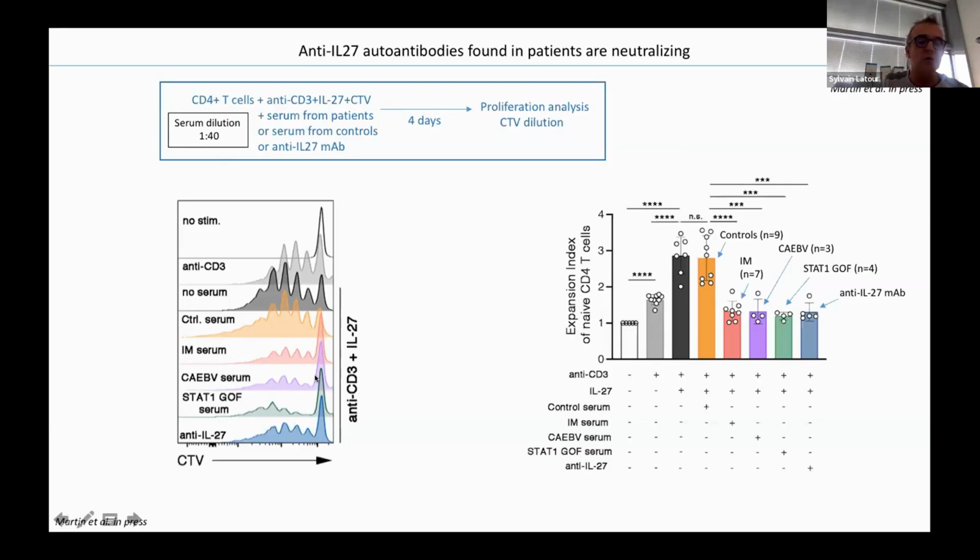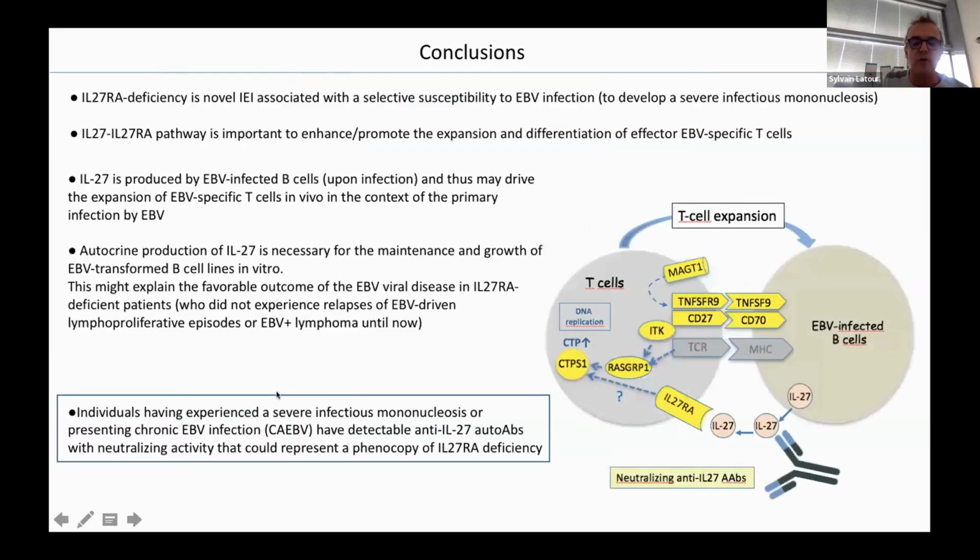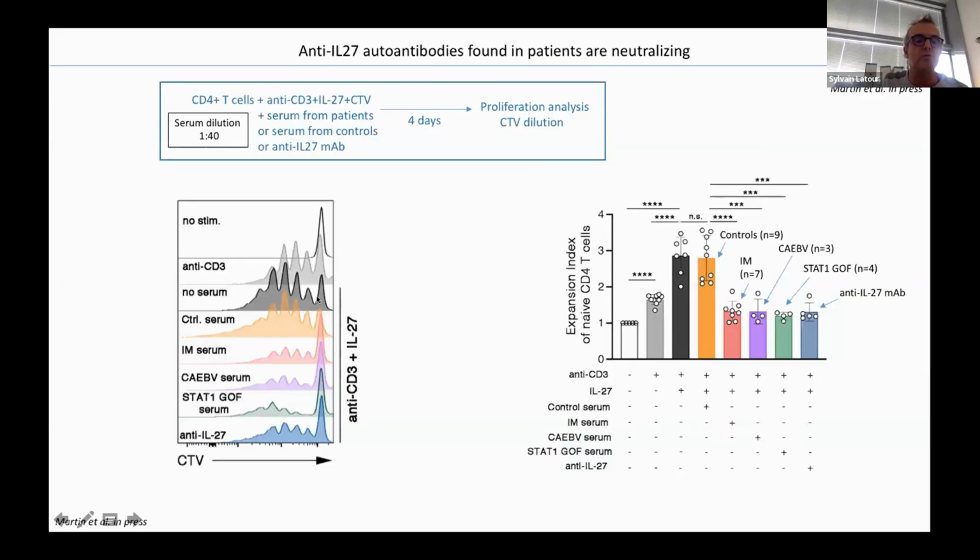As you can see, the serum from a patient with infectious immunodeficiency, chronic EBV infection with STAT1, clearly blocks the proliferation compared to the control serum. And if you accumulate this proliferation experiment, you can calculate the expansion index of these CD4 T cells.